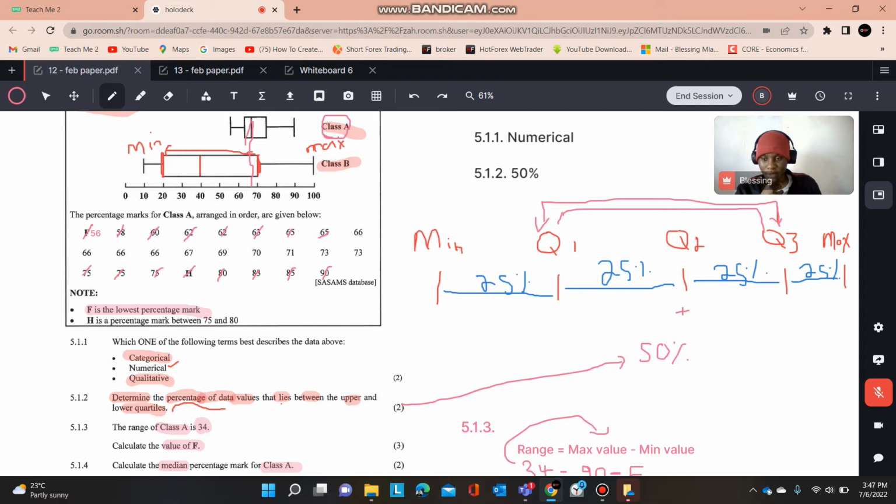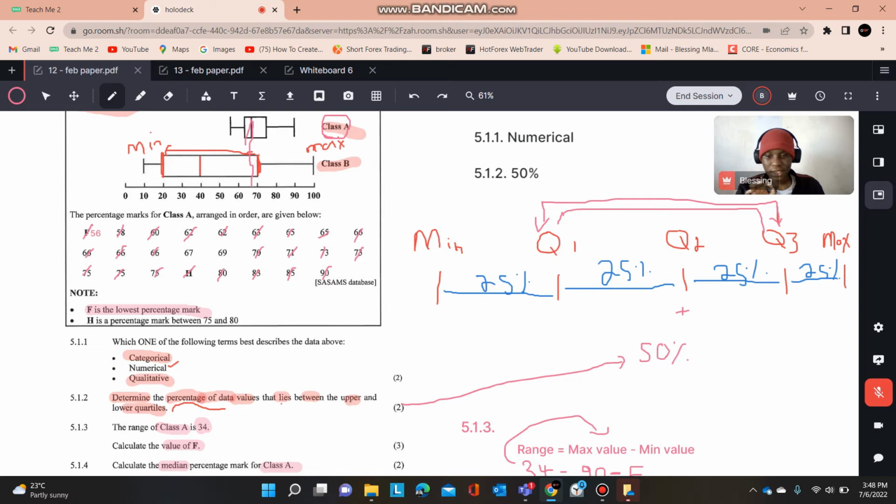So let me see how much I've cancelled. 1 2 3 4 5 6 7 8 from the top, and 1 2 3 4 5 6 7 8 from the bottom, right? I cancel another one from the top, and another from this side, one from the top, one this side, one from the top, one this side. So check this out, I'm only left with two numbers.